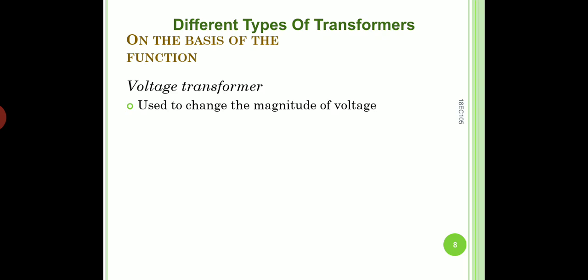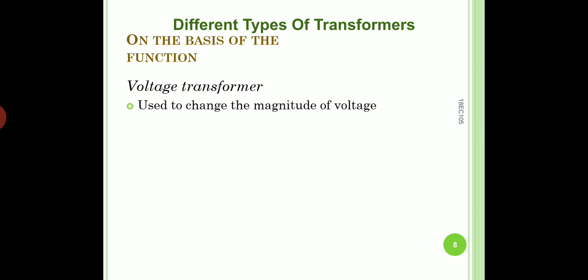By properly maintaining the turns ratio, that is N2 by N1 and V2 by V1, we can achieve this voltage transformation ratio. For normal applications like household use, we use step down, whereas for transmission of power, we step up. Once power is generated, we have to increase the voltage for transmission.